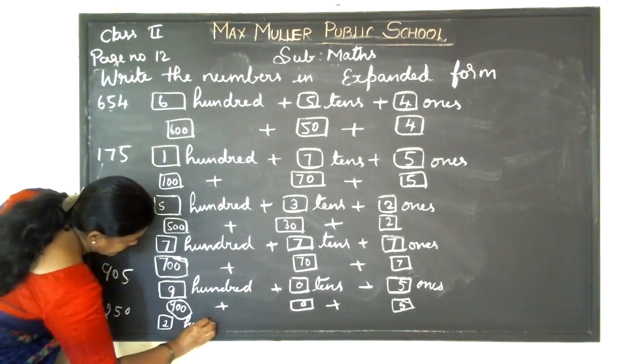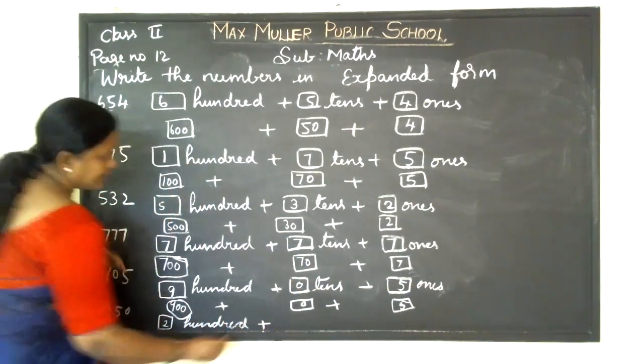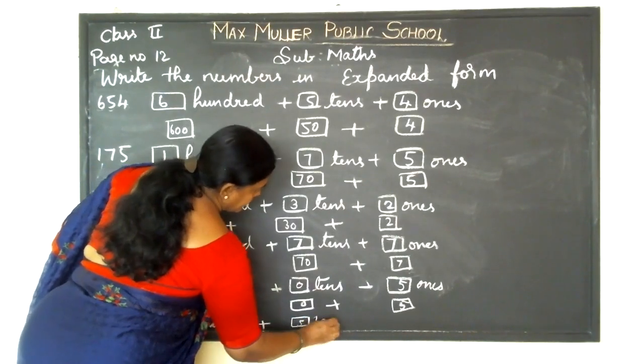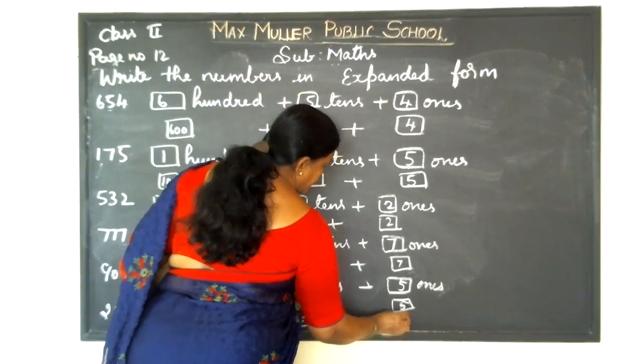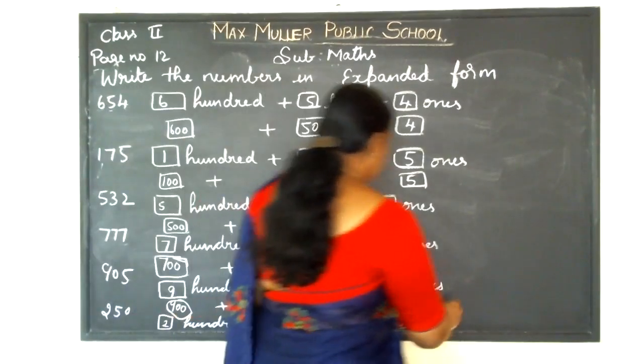Here 200 plus 5 tens plus 0. So here no place, no children. For that I am writing here.